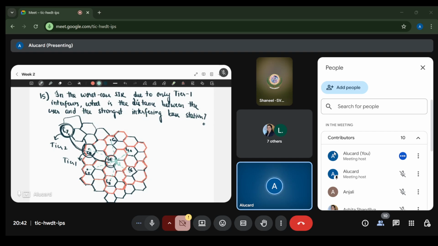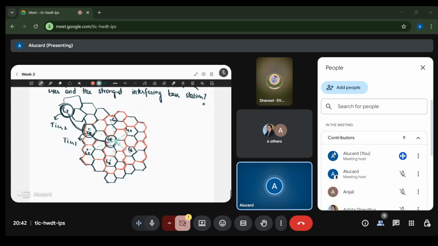Just from inspection, you can see C1 and C6 are closest. But if you're not sure, you can find the distances and calculate it. From symmetry, C1 and C6 are at the same distance from P, so you can find any one of the distances.